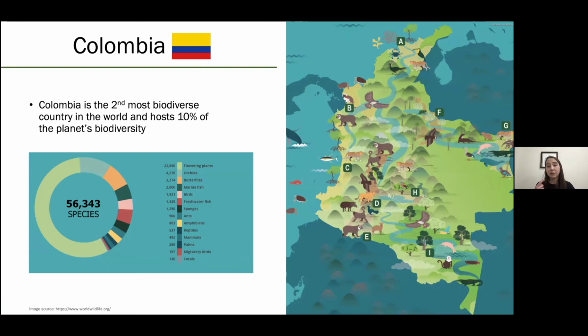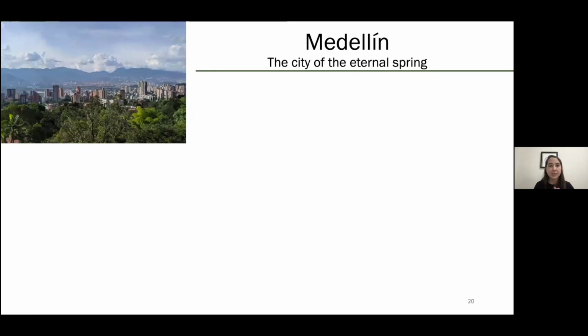We are ranked first in orchids and birds. And we're ranked second in freshwater fish, amphibians, butterflies, and plants. We have all types of climates, all types of ecosystems. So if you like nature, Colombia should definitely be on your bucket list.